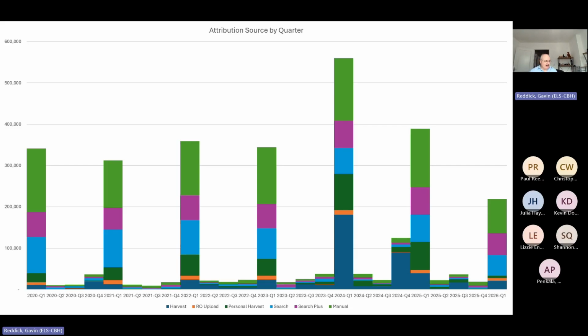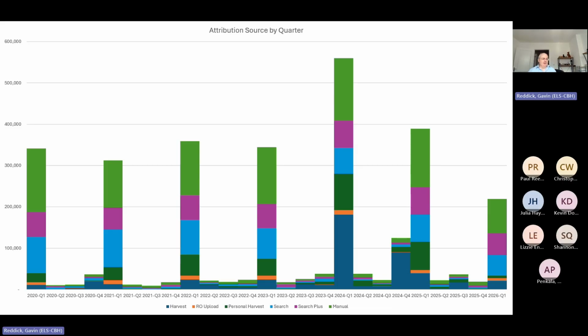But you can see here quite clearly, whilst Q3 of 25 was higher than previous years and had a substantial difference in terms of the harvesting there, in Q4, for a number of different reasons, the harvesting was less, and actually that wasn't caught up with in Q1 2026. So it wasn't just that things didn't happen and in 2026 we're able to backfill, but there are fewer things overall.